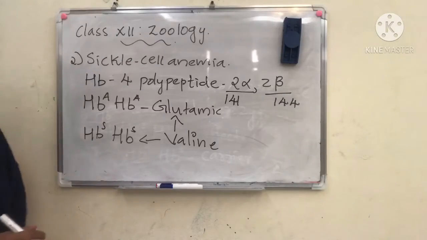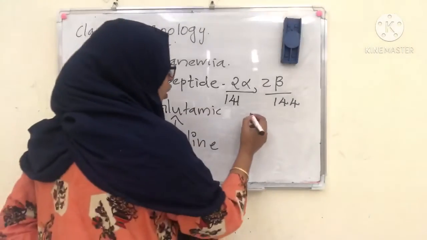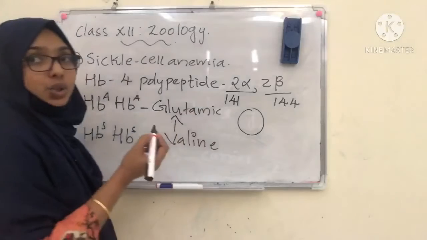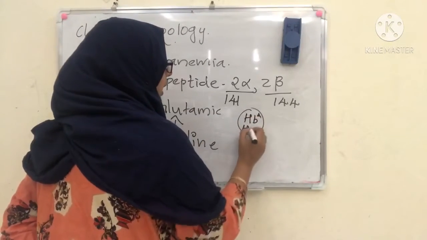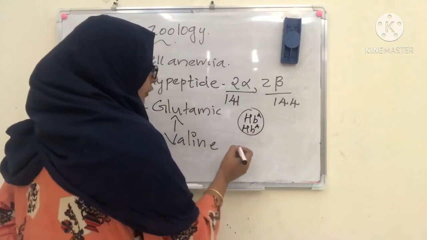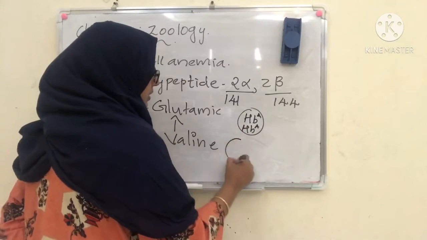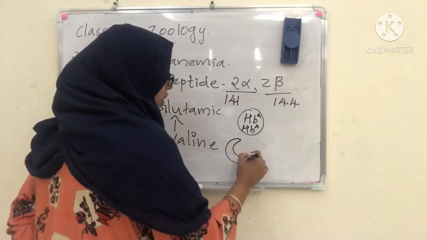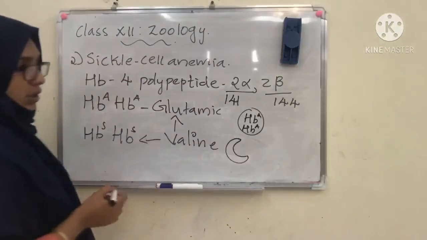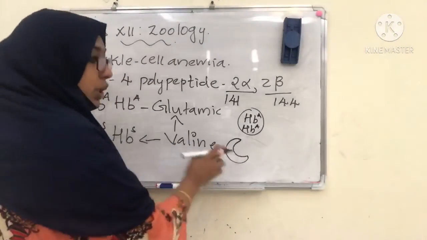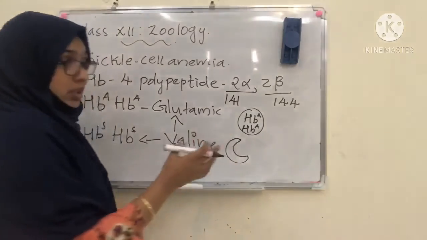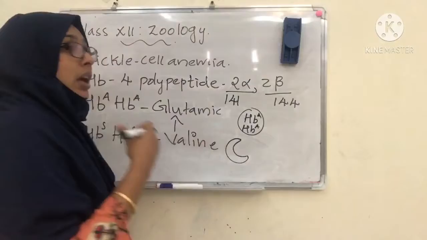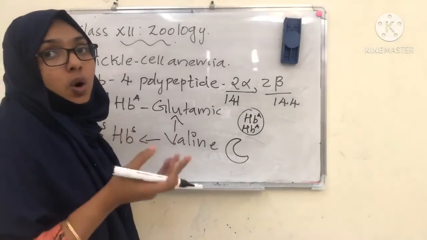Now, our normal RBC will be disc-shaped. This consists of HBA, HBA. The affected person's RBCs will be sickle-shaped. It is caused due to the polymerization of cells, and it is due to low oxygen.